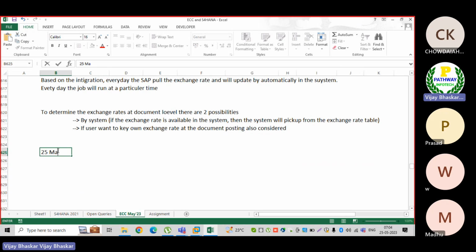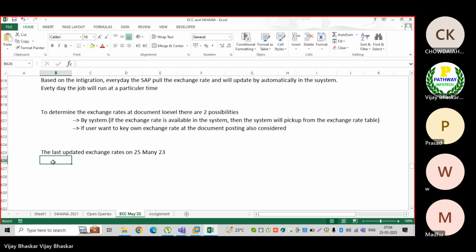The last updated exchange rate is the exchange rate on 25th of May 2023, but we are posting a document on 30th of May 2023.